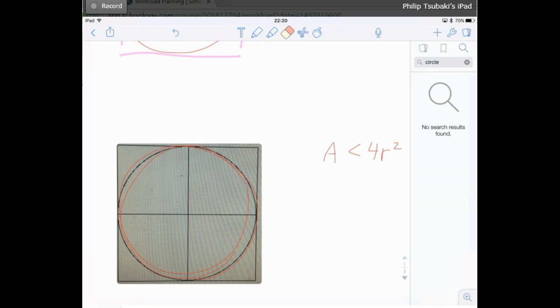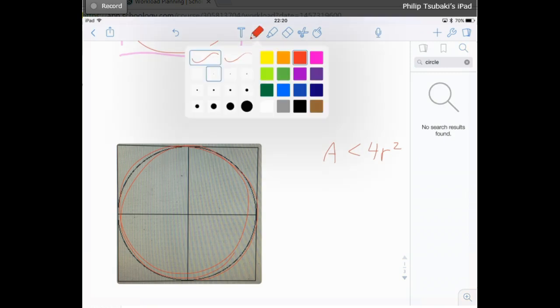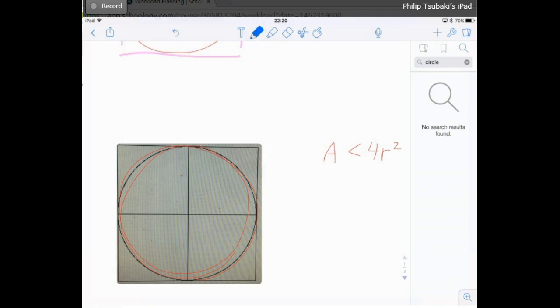Next question. Can we put 2 of these small squares into the circle? It might be kind of hard to see this, but look at this. What if we chopped up 2 squares into triangles? Then we could put 2 of the triangles here, and then we could put 2 of the triangles here.